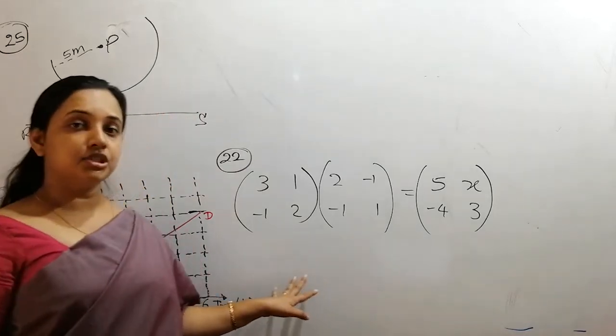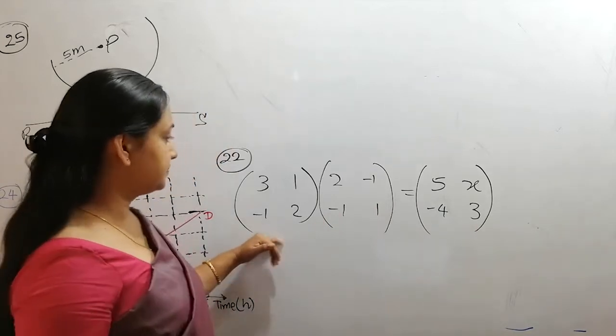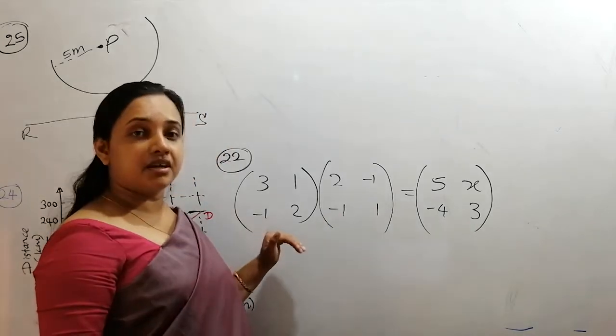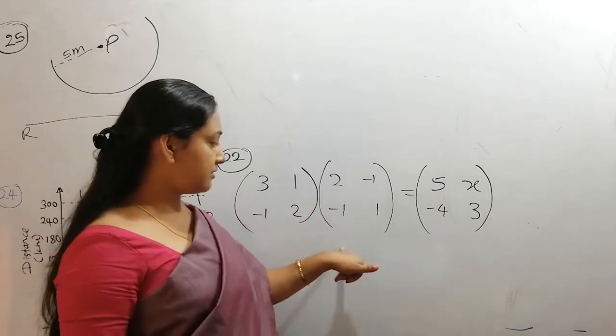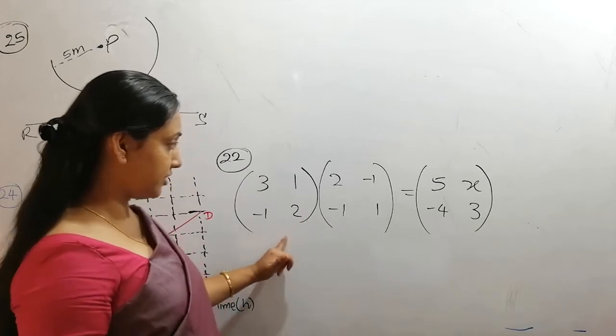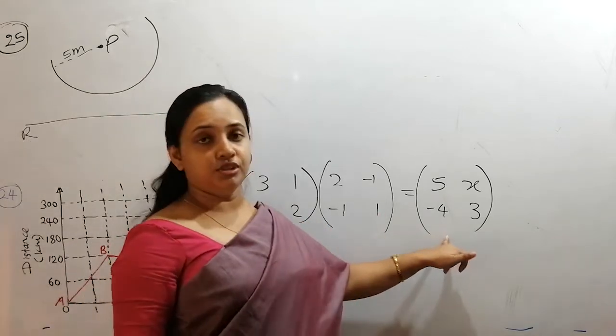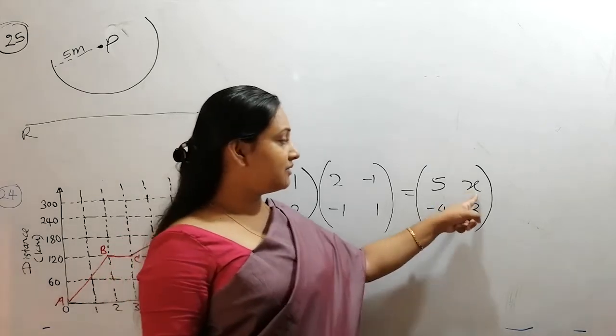In question number 22, this one is given. Look here. This is a question from matrices. This is one matrix and this is another matrix, and here the multiplication of these two matrices is equal to this matrix. We have to find the value of this x.